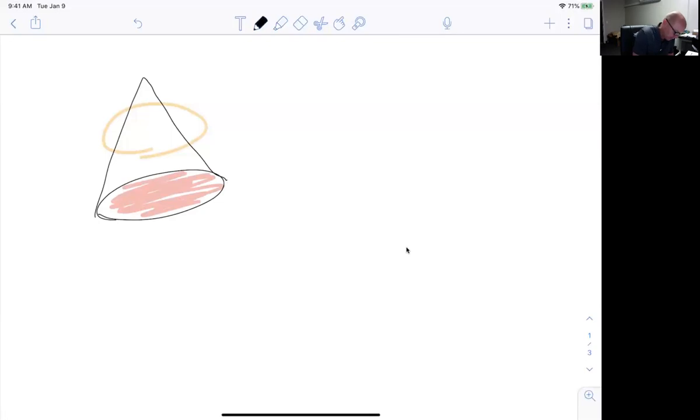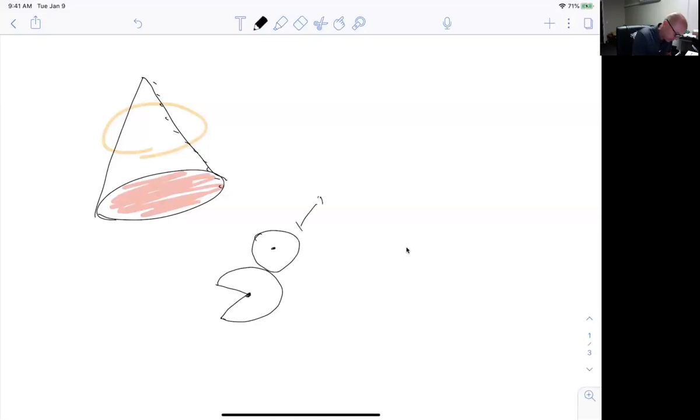Well, if I were to cut this out, if I were to slice this cone and then unroll it, I would get something that looks kind of like this. Okay, so I get a sector of a circle. And in addition to that, let's say that represents the base.